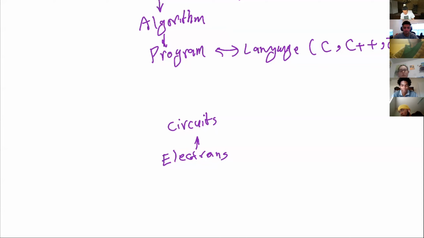And then we have a gap here, right? So the machine is built from these circuits, right? That's a machine. But then how do these two pieces, the program and the circuits, talk with each other?